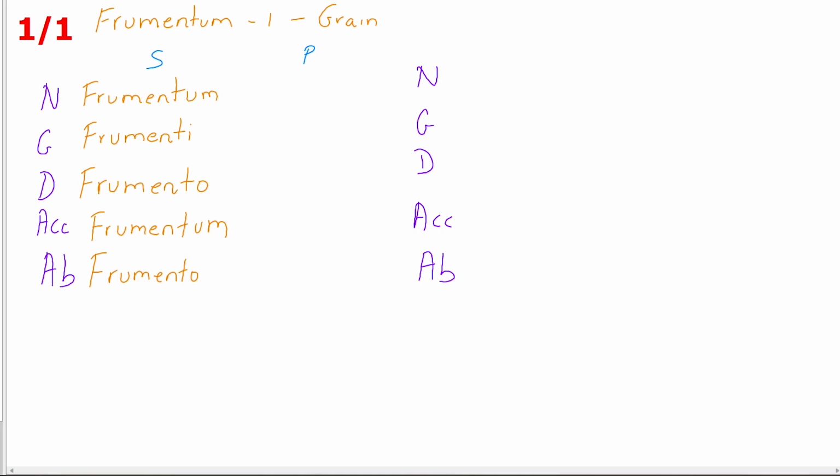So let's take a look at the plural now. You will have frumenta. Okay, so there's a change here. The plural nominative will not be frumenti, it will be frumenta. Then you have frumentorum, frumentis in the dative plural.